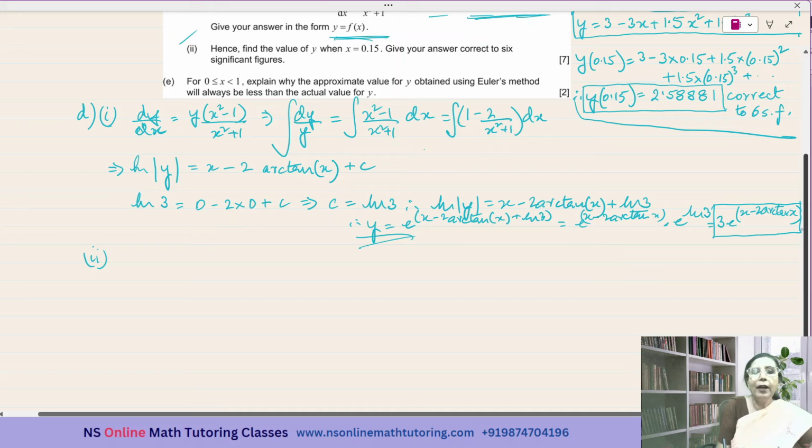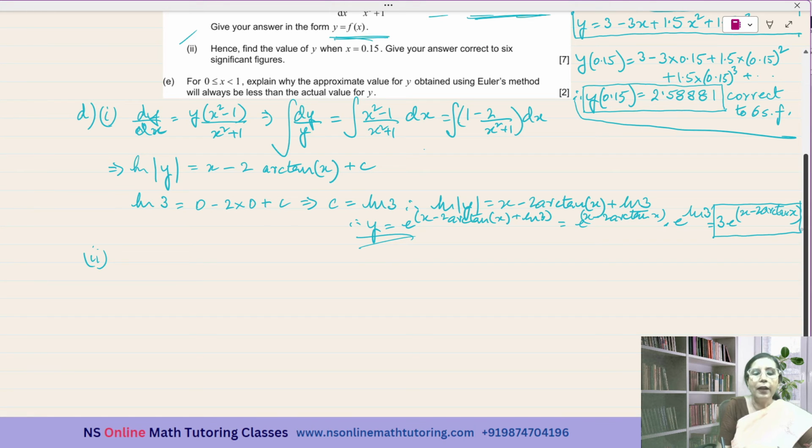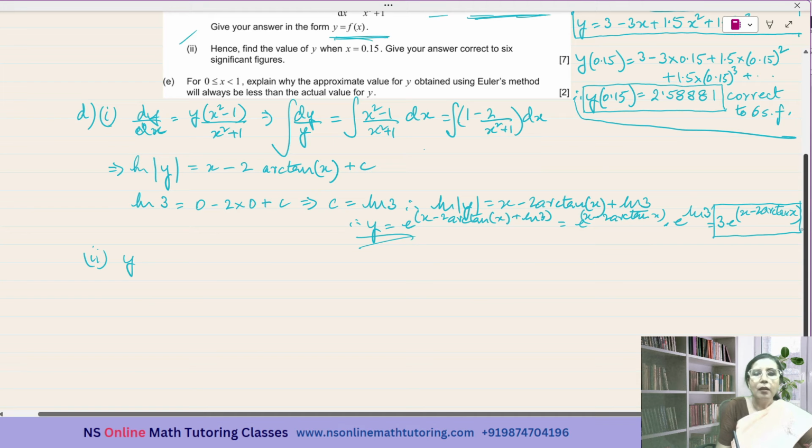Hence, find the value of y when x equal to 0.15. So, y equal to 3 times e to the power of (0.15 minus 2 arctan of 0.15). Okay, so this should be equal to what?